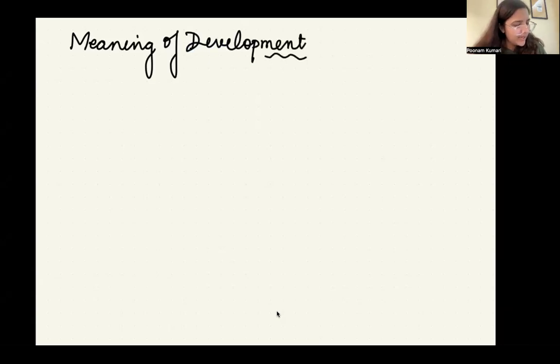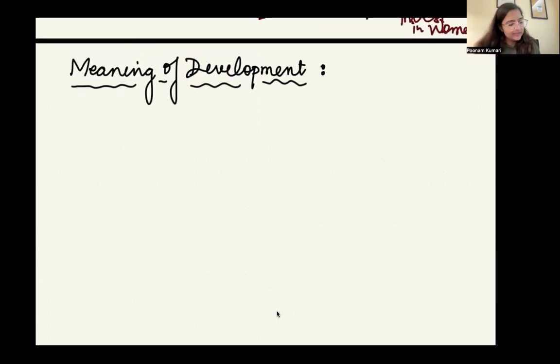And we already have understood the meaning of development, but we will try to understand this aspect of capability, which was given by Amartya Sen. So his capability approach.